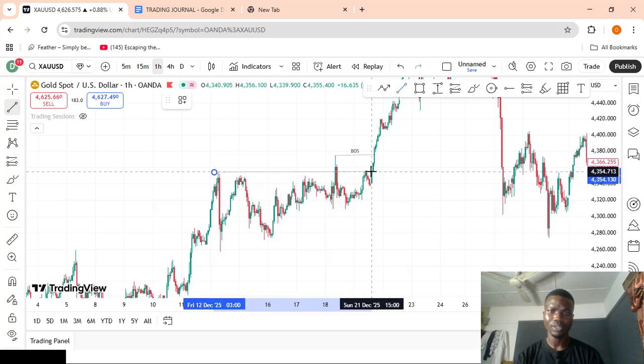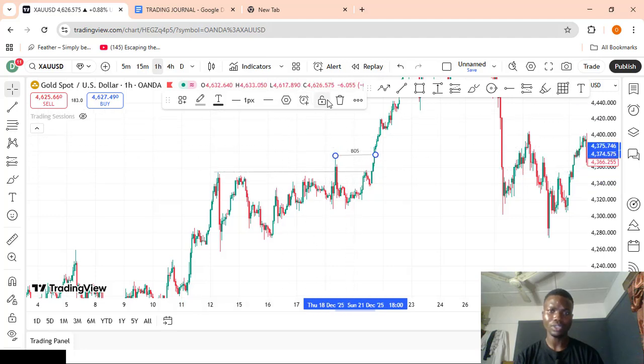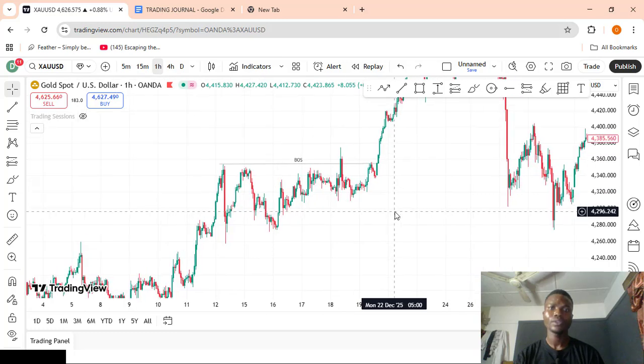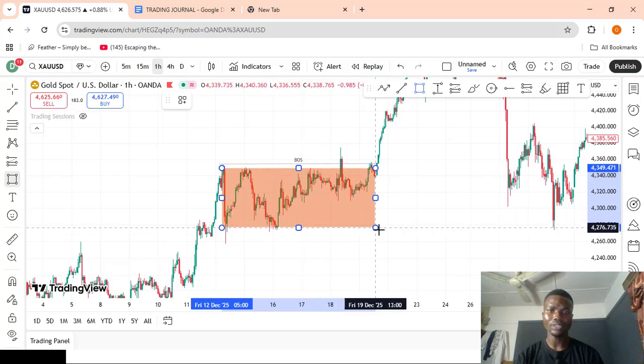In fact, we can simply say this is our main break of structure. Let me just delete this. This is our main break of structure, because you can see that the market was actually consolidating around this area.